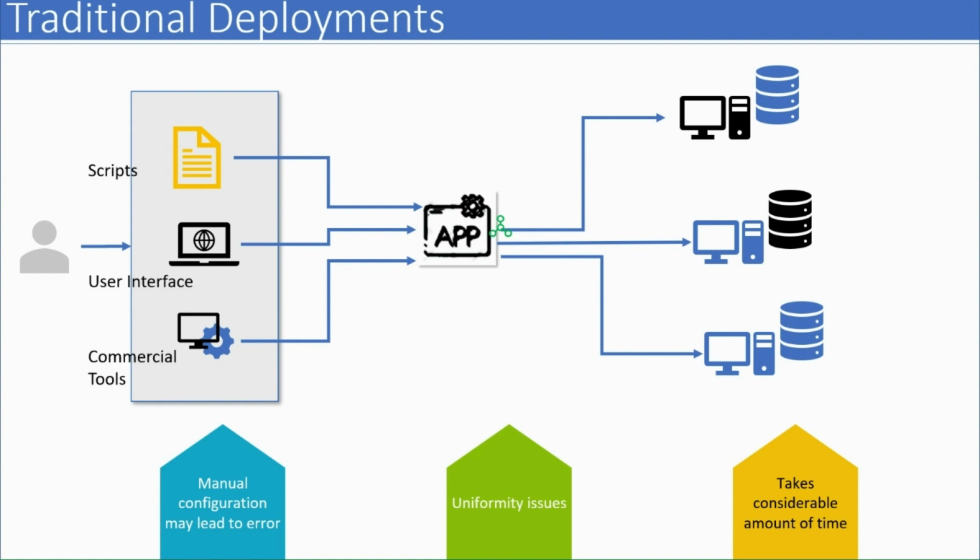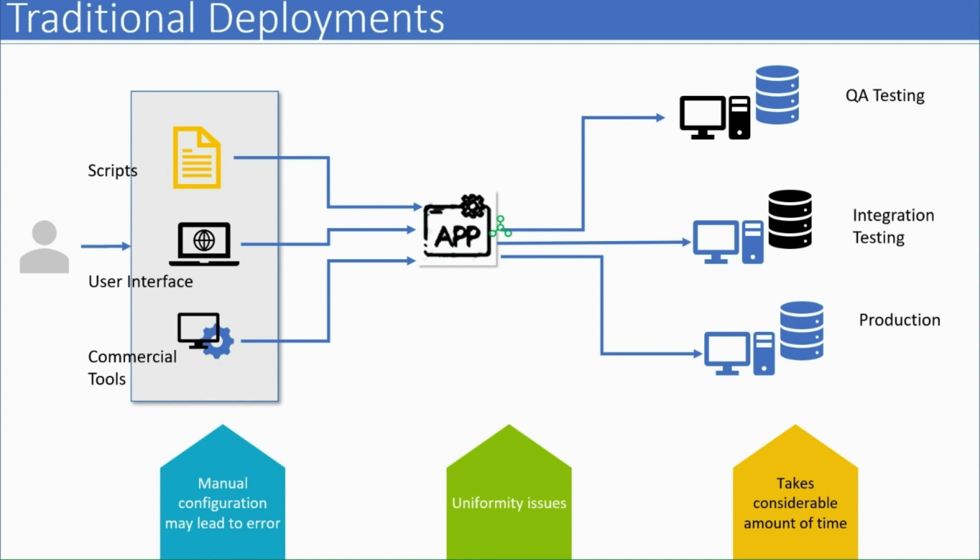Usually, you use either scripts or user interface or a commercial tool or a combination of these to collect application dependencies and do manual configuration in order to set up the application running in any of the environments, either on-premises or in the cloud.